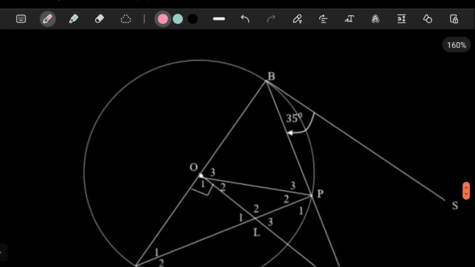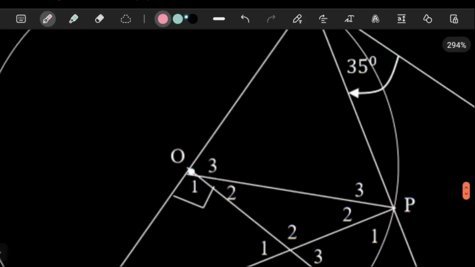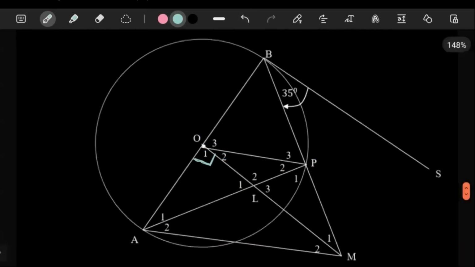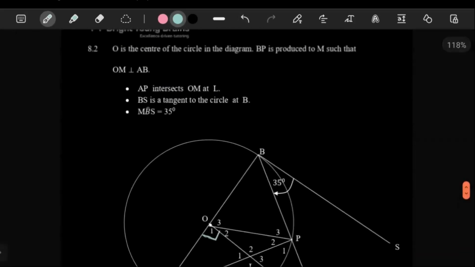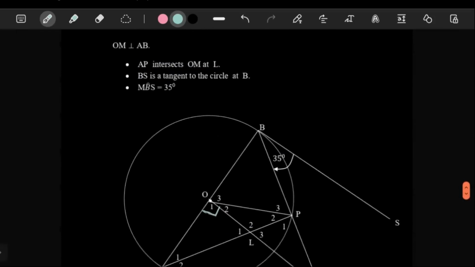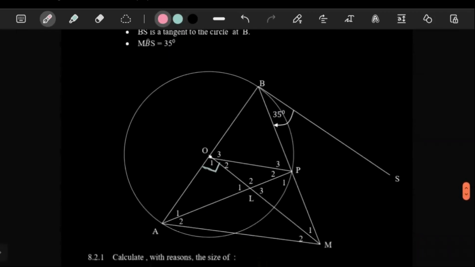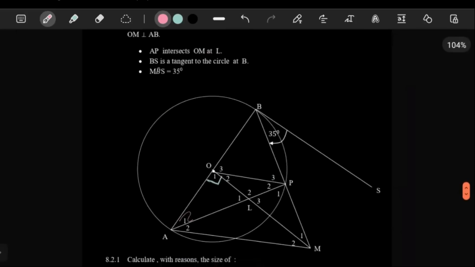We have a 90-degree angle there. Perfect. So with this 90-degree angle, what do we now know? It says AP intersects OM at L. There's AP here, and it intersects OM at L, yes.